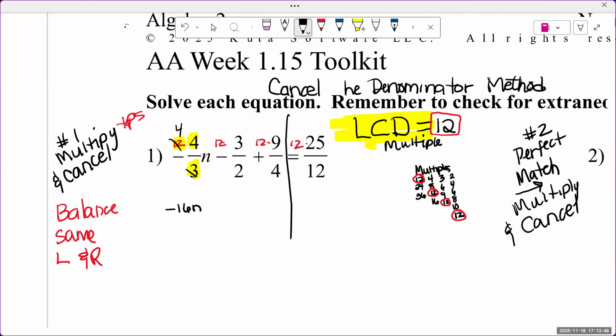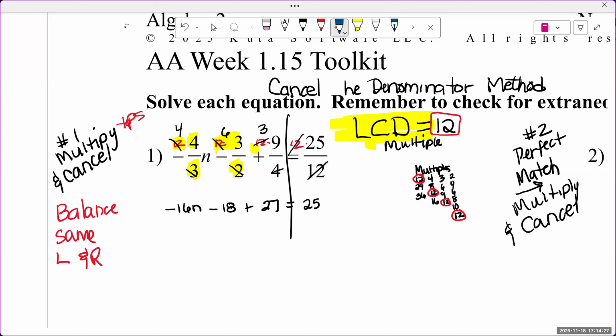Either 12 times 3 with your calculator and then divide by 2, or if you want to do it in your head, 12 divided by 2 is 6, times 3 is 18, minus 18. Okay, 12 divided by 4 is 3, times 9 is 27. And 12 divided by 12 cancels, and that leaves 25. Okay, so this is knowing how to use your calculator.